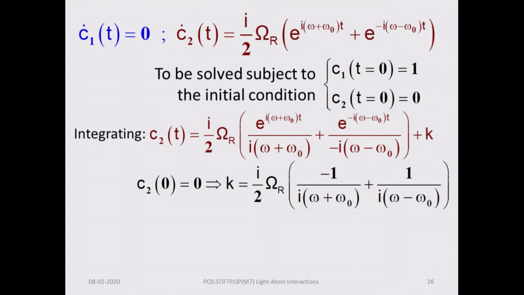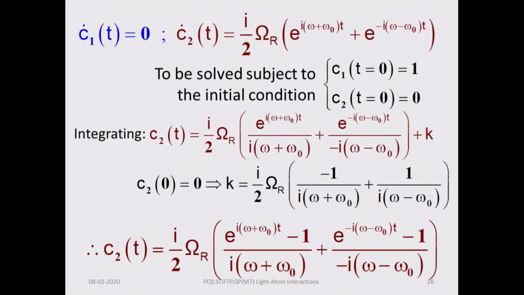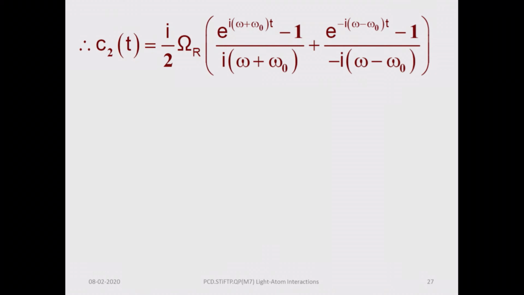Once you put the initial conditions, you find what the constant of integration k is, and then rewrite the solution with the constant of integration determined with the use of the initial condition.